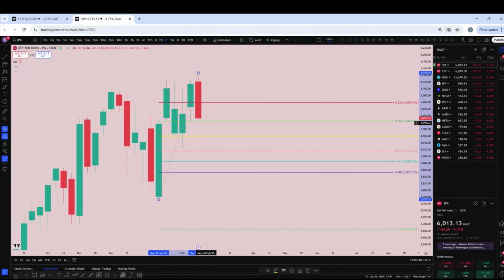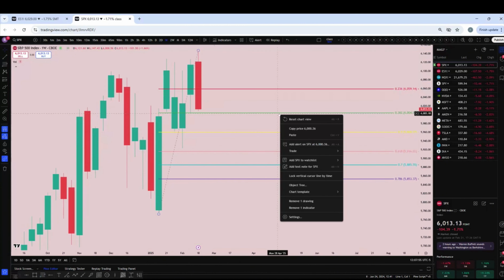We're starting to come into the 0.382 level. So I'm expecting us to hit this 6,005, 6,004 level, and either bounce from it or drop all the way down to 5960, which is your 50% level here.